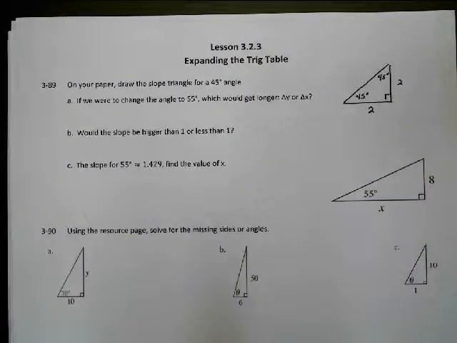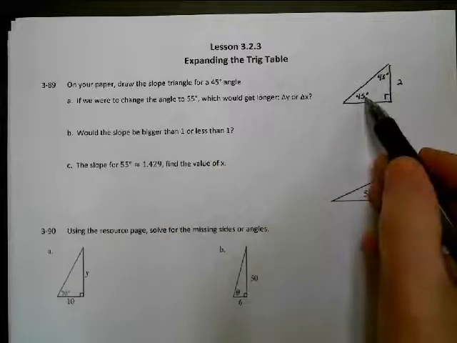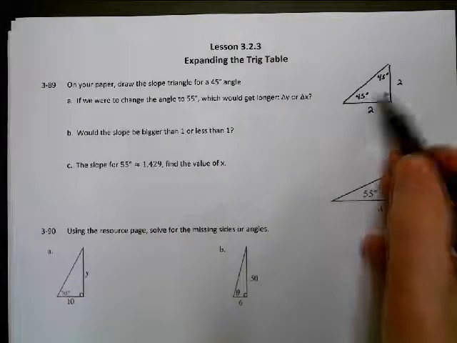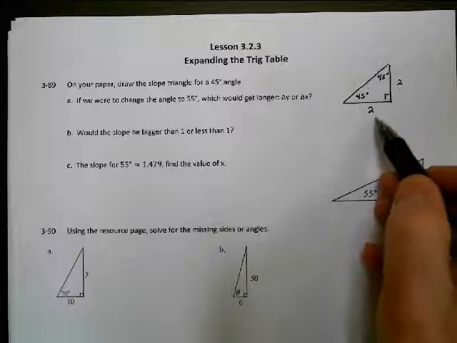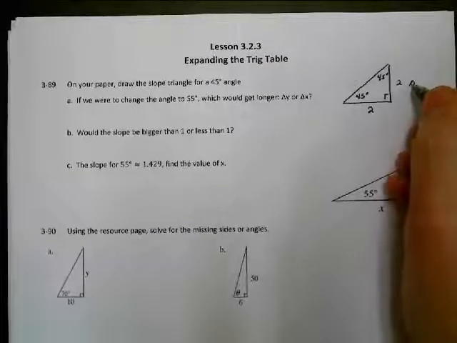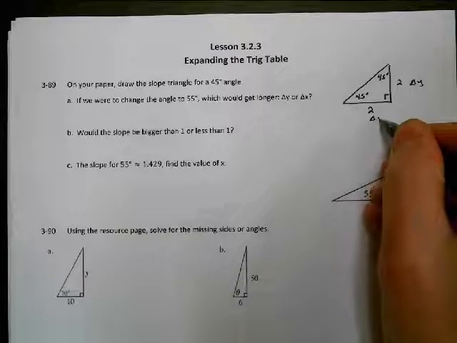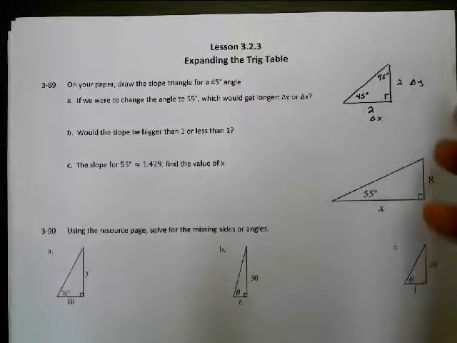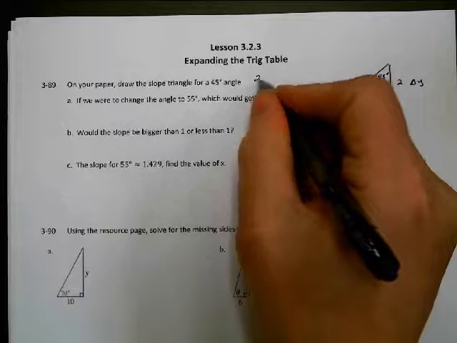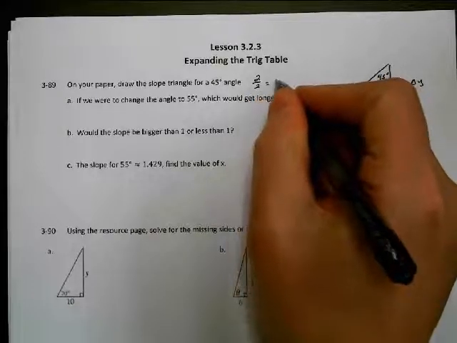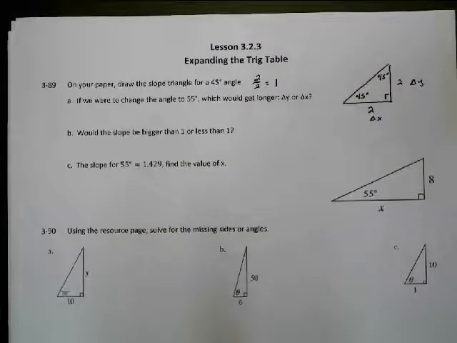And so what we've seen is that when we have a slope angle of 45 degrees, these two sides are the same. So the change in y is equal to the change in x. So the slope, in this case, is 2 over 2, or just 1. So at a 45-degree angle, we get a slope of 1.